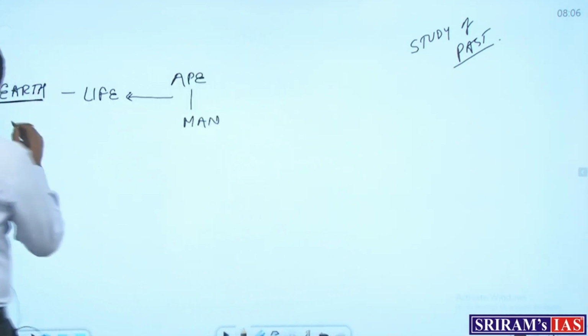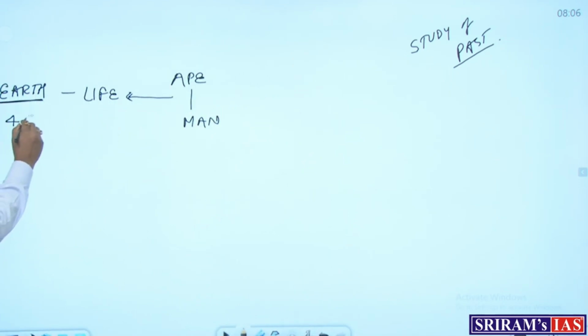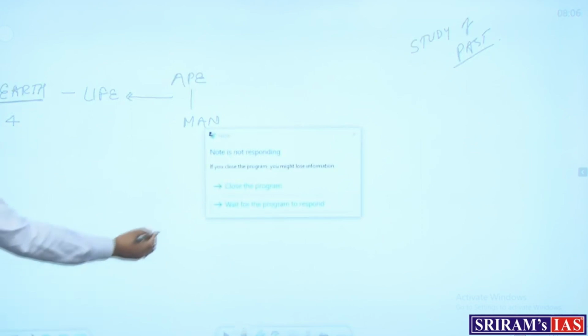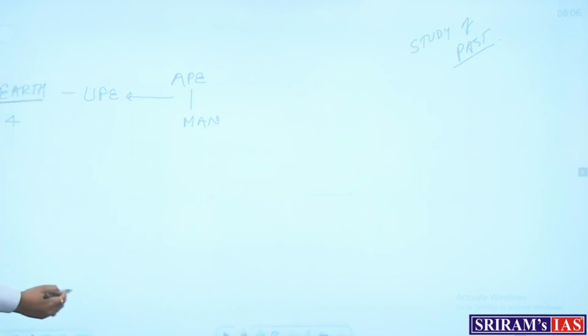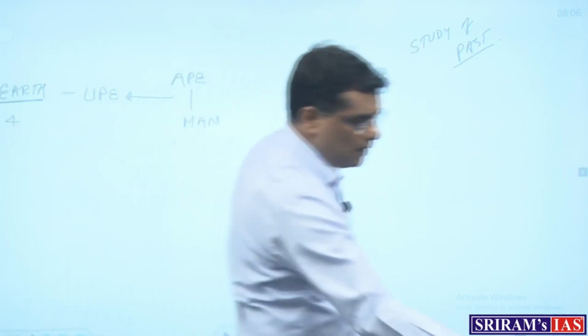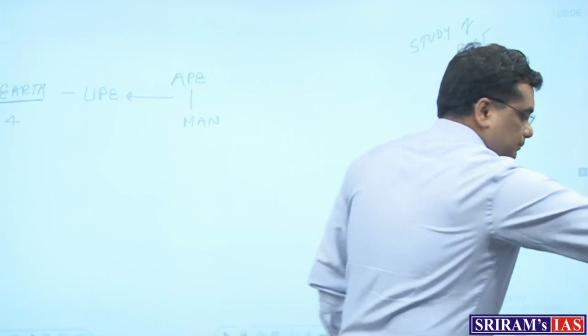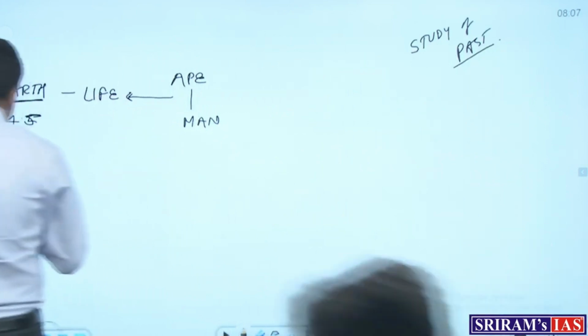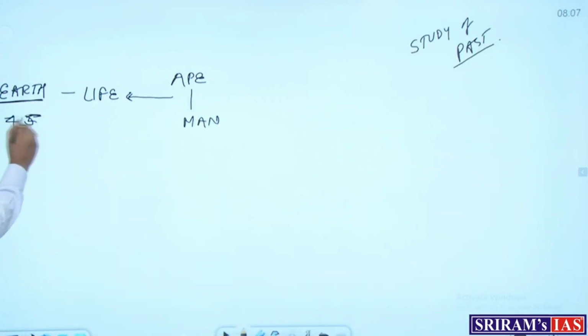Around 4.5 billion years ago, earth came into existence.